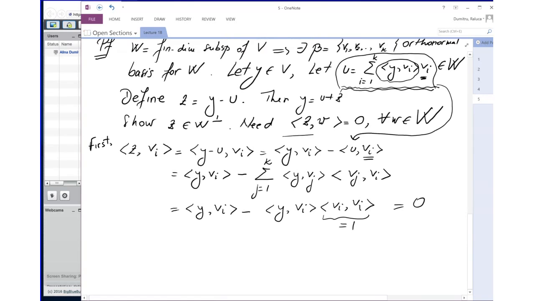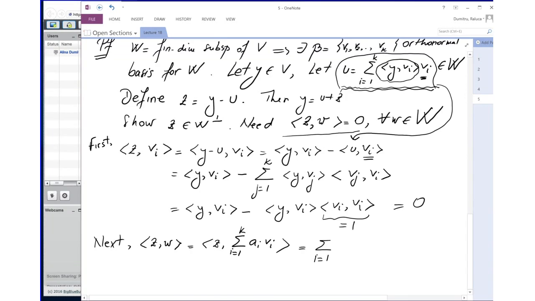That's not enough. I want it to be orthogonal to anything in W, but it will be automatically implied by this. Because a vector w in W is a linear combination of the vectors in a basis. It's not up to k, it's up to n. So w is a linear combination of the elements of the basis beta.